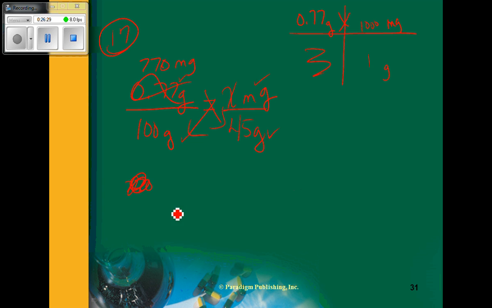Then we're going to cross multiply. 100 times X is 100X, and it's multiplied by the X, so it always goes on the bottom. Then your 770 times 45 would be 34,650. And you want to divide that by 100, and your answer should come out to be 346.5.